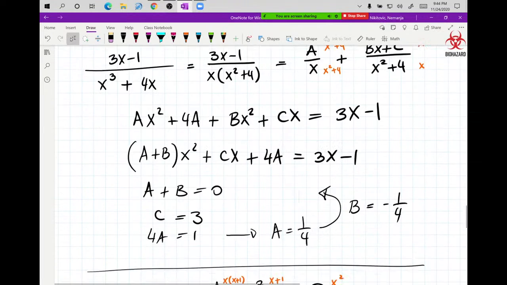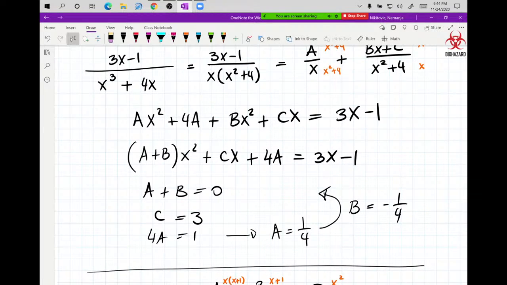Previous over here somewhere. So if my a is 1/4, a is 1/4. I'm not sure. Oh, yes. Okay, that was wrong. You are correct.